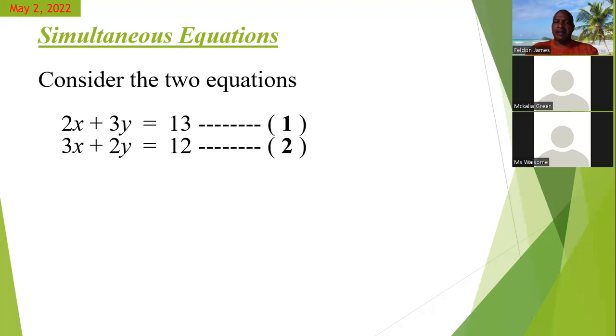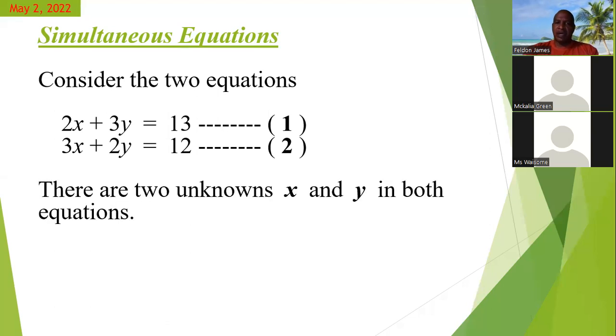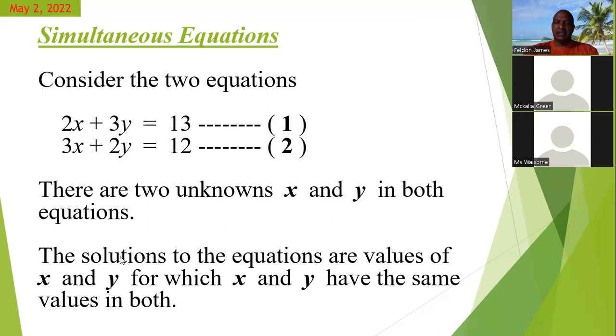Now, another method that we may come across, let me just flip through and then I'll look at the method. All right, so there are two unknowns, x and y, in both equations. The solutions to the equations are values of x and y for which x and y have the same values in both.